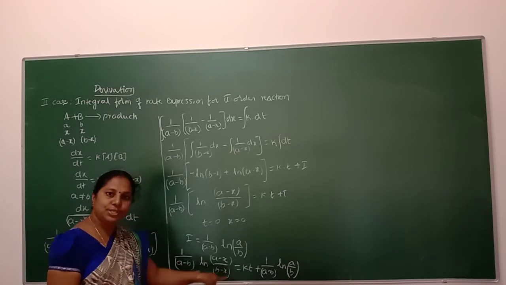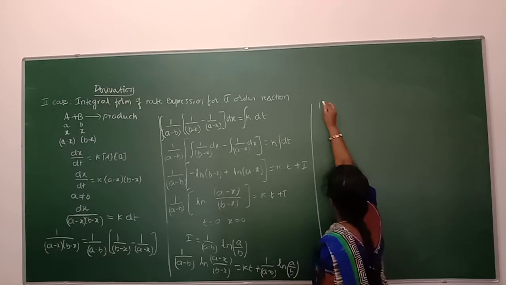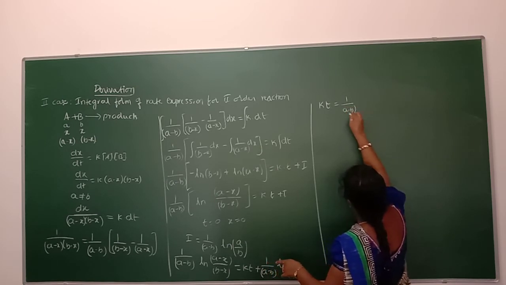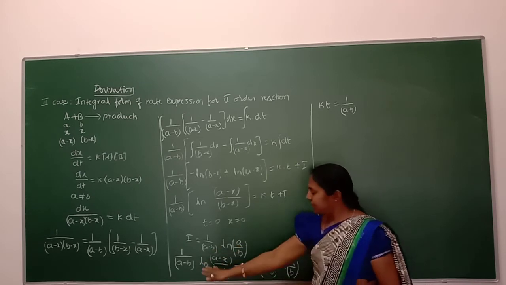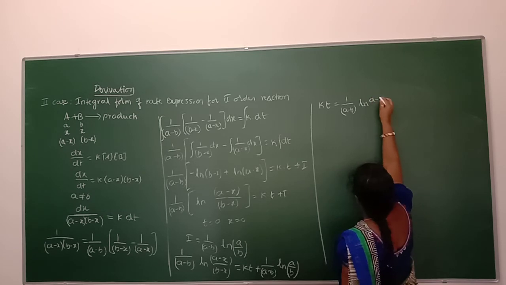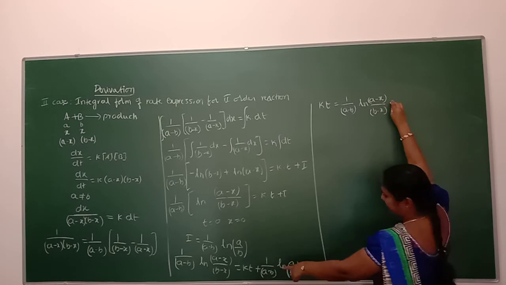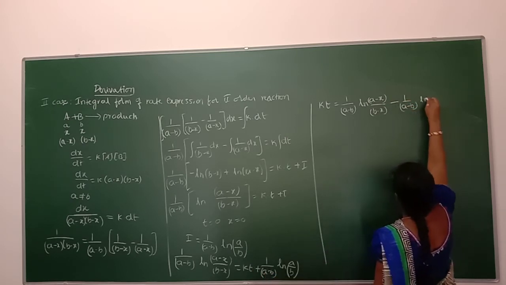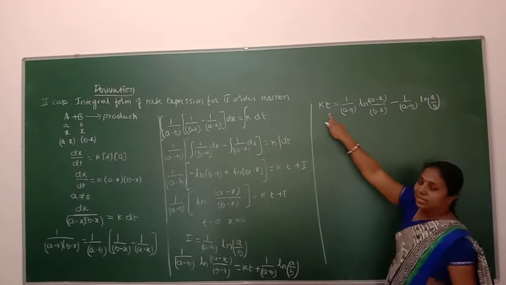Now we rearrange this equation so that kt is equal to 1 divided by (a minus b) into ln (a minus x) divided by (b minus x), minus 1 divided by (a minus b) into ln a by b. The positive value moves to the left side and becomes negative. So on the right hand side we get kt.